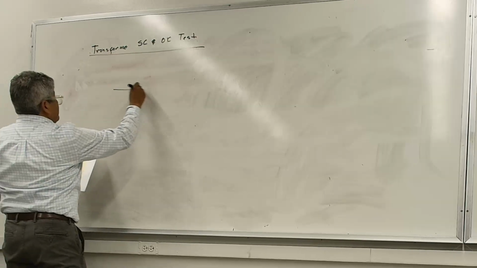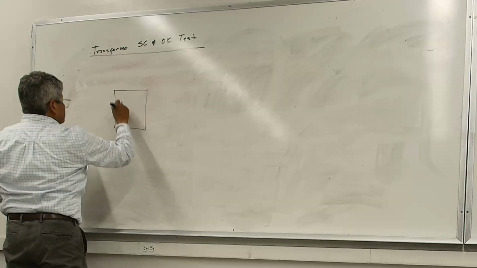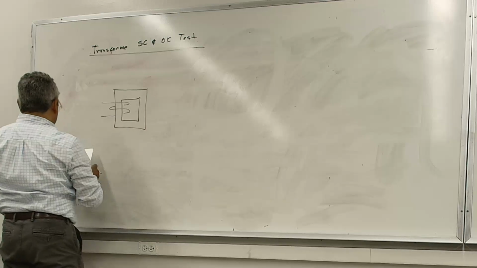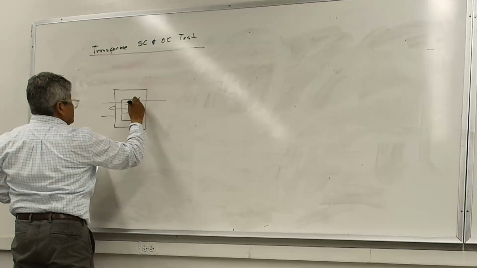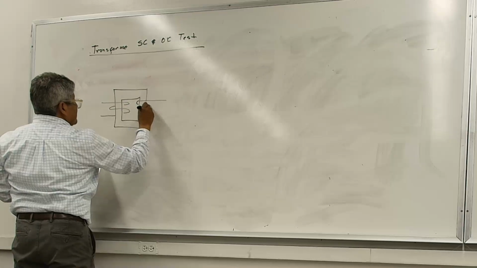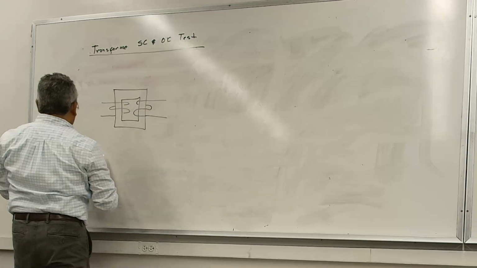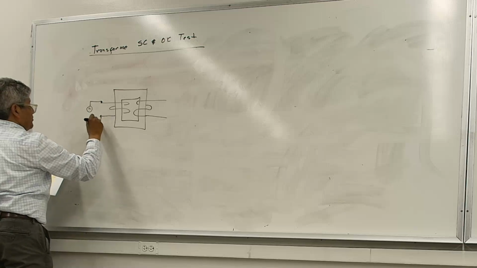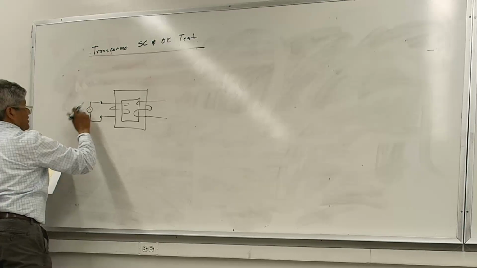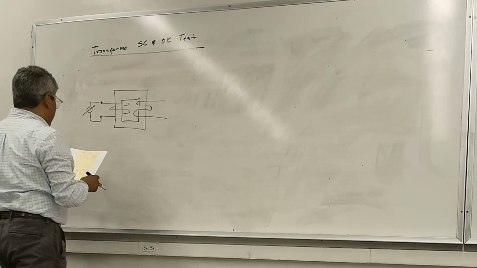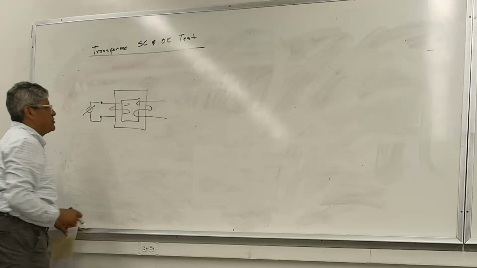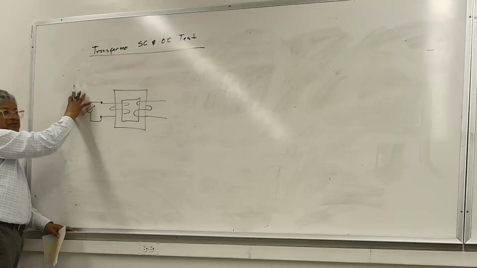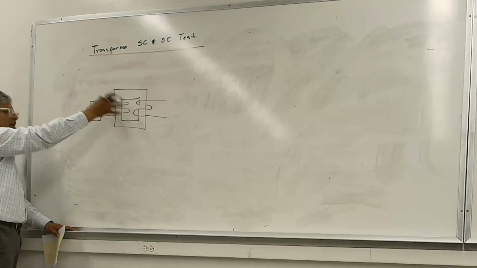So once again, you have a transformer with a primary and a secondary winding, like this. I have a variable source connected to the transformer, and the source can be on either the primary or the secondary side. It doesn't matter whether it's on the high or the low side.